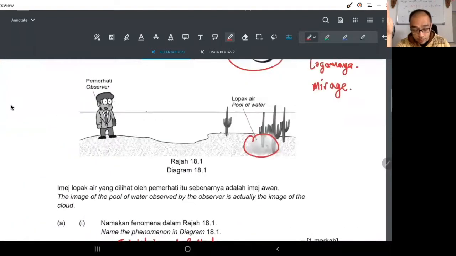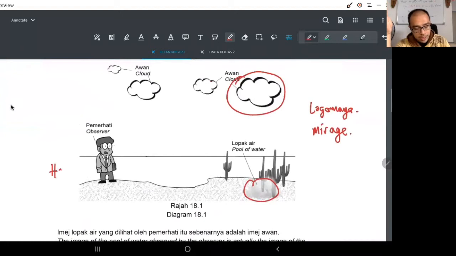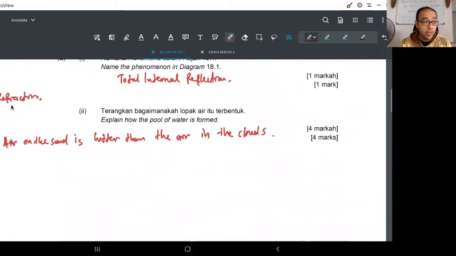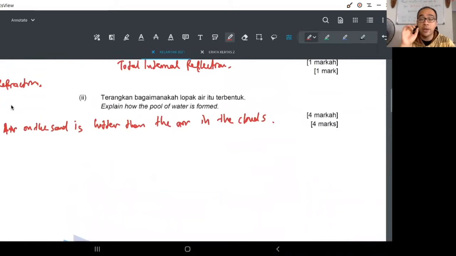That's the first point. So here the air is hot, here is cool air. Again, when we say hot air and cool air, it's a comparison. I'm not saying that on top is very cold and at the bottom is very hot. It's just the bottom is hotter than the top. That's the more important thing. So the first point: air on the sand is hotter than the air above in the clouds.